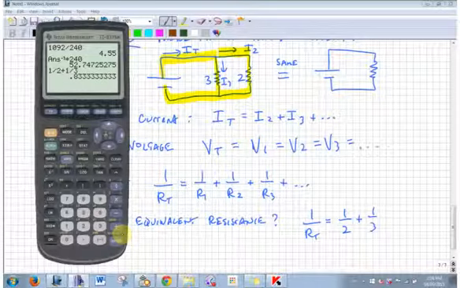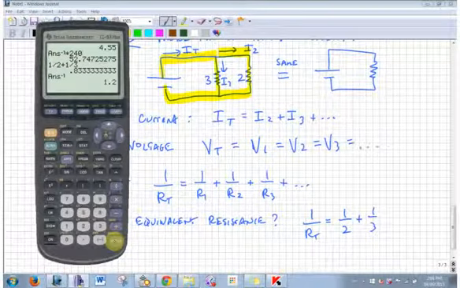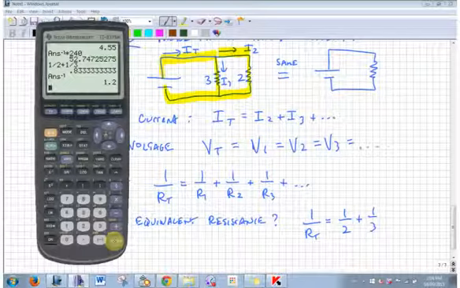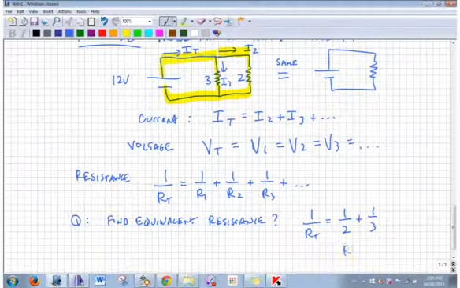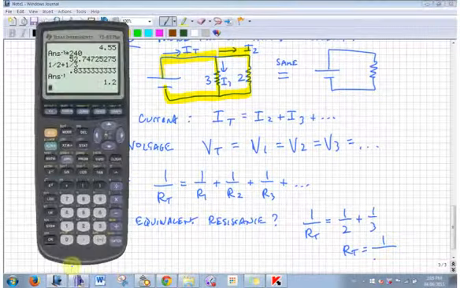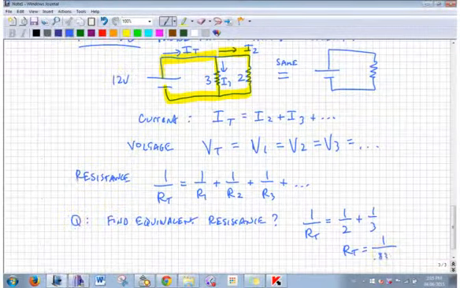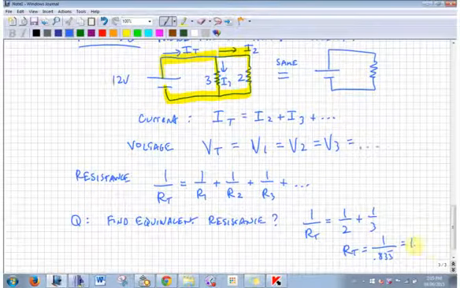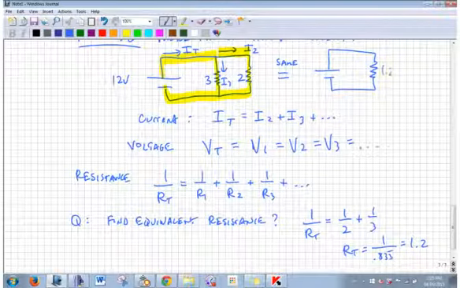So how do I get RT? I hit 1 over that. So that's the same as a 1.2 ohm resistor in series.